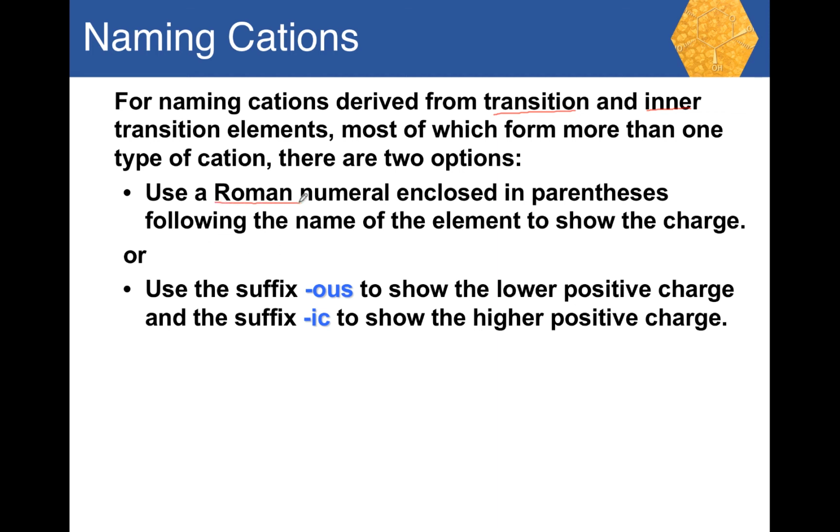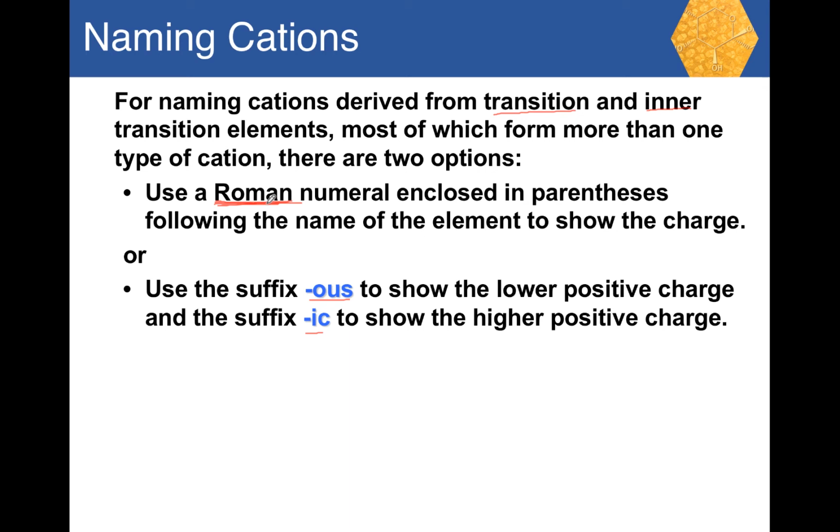Sometimes we use a Roman numeral to communicate the charge on the atom or the ion. Another way is sometimes we use a term which ends in OUS or IC. For this class, however, we will more than likely use the Roman numeral to communicate the charge on the ion.